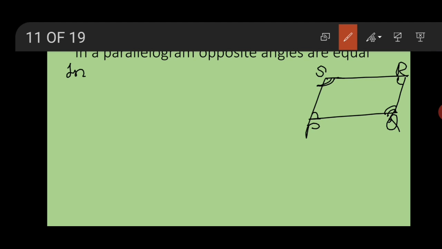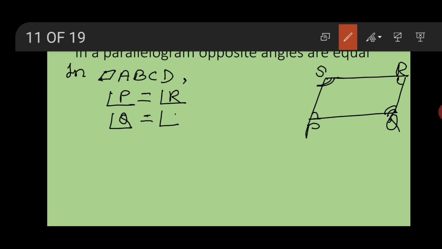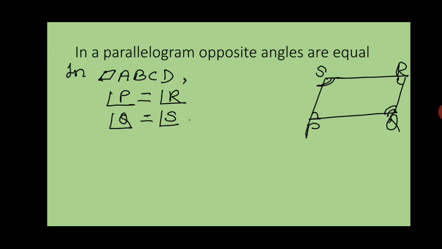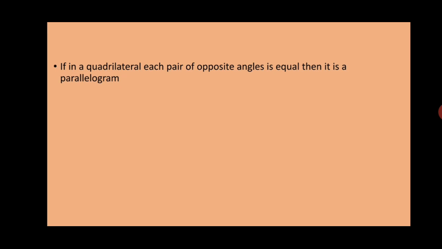In parallelogram PQRS, opposite angles are equal. Angle P is equal to, can you tell me? Yes, angle R, and angle Q is equal to angle S. This is also the property of parallelogram.